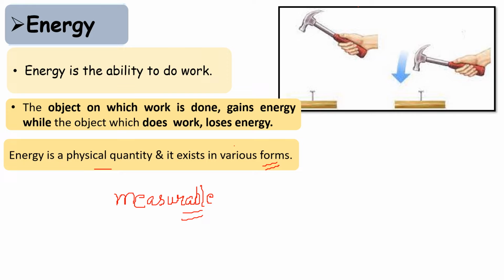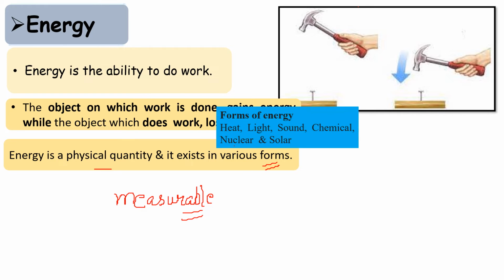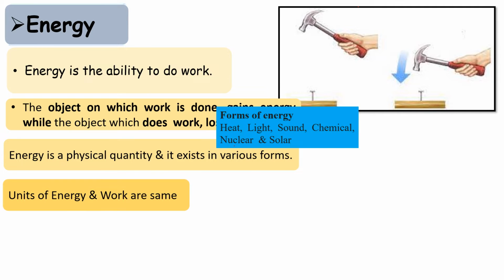There are different forms in which energy exists, for example heat, light, sound, chemical, nuclear or solar. So energy exists in different forms and we are able to measure energy.